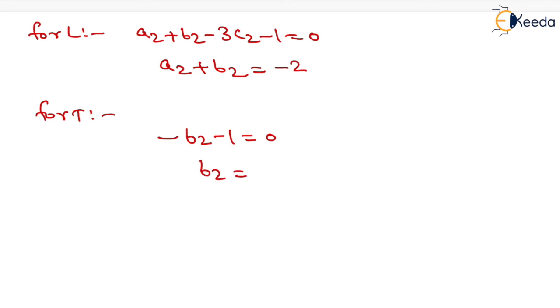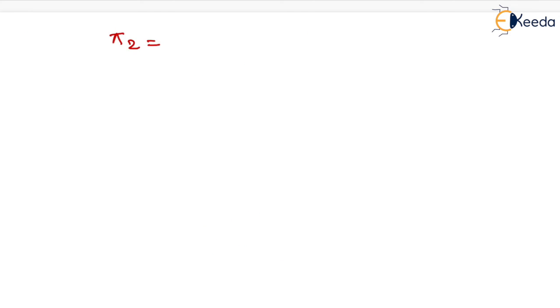So b2 will be equal to minus 1. On putting this value in a2 plus b2 equals minus 2, we will have the value of a2 equal to minus 1. Now we will write the equation for pi 2. It will be equal to L inverse V inverse rho inverse into mu. So it will be equal to mu upon L V rho. That will be the solution for the pi 2 term.